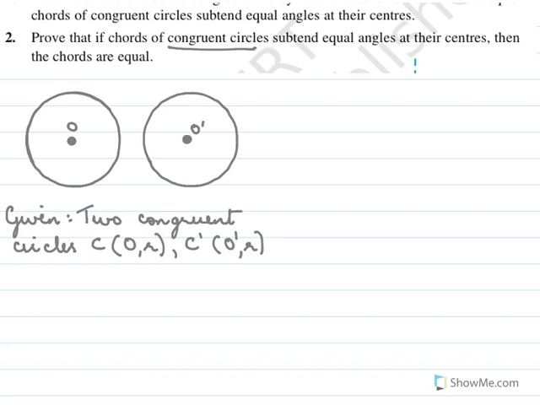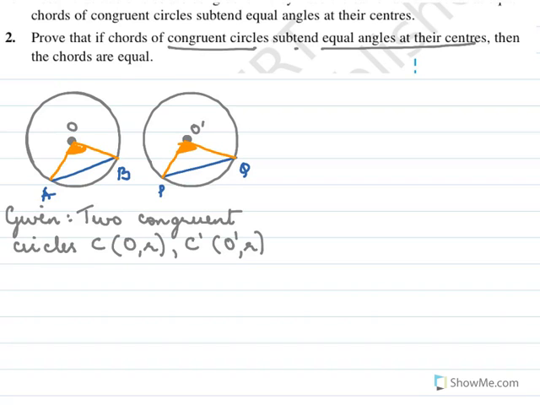The next part, they say we have to prove that if the chords subtend equal angles at the centers, then the chords are equal. So we need to have two chords. I'll put one chord here, AB, and another chord, say PQ, and these chords subtend equal angles. So here is the angle subtended by AB, and this is the angle subtended by PQ.